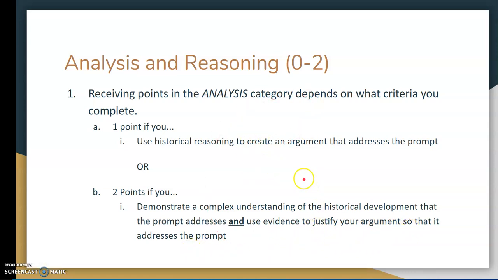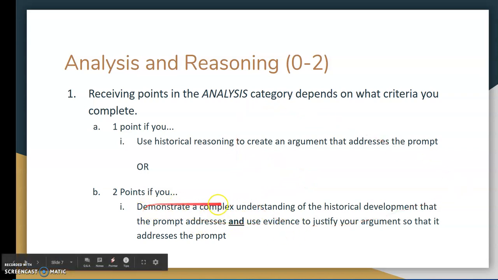So you have to understand the complexities within what's happening. When you provide your evidence, you have to analyze your evidence and why and how that relates to the prompt. And you've got to justify it. You can't just use historical reasoning to create it. You have to justify your argument.